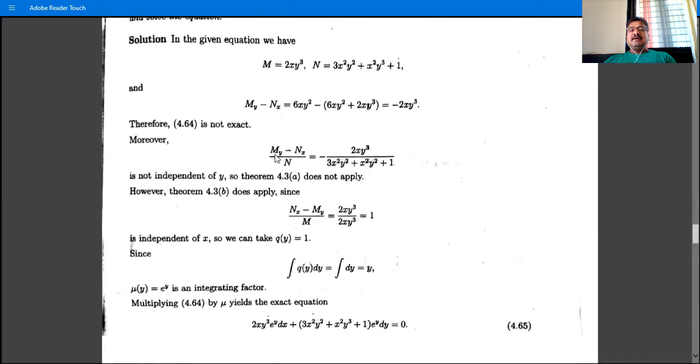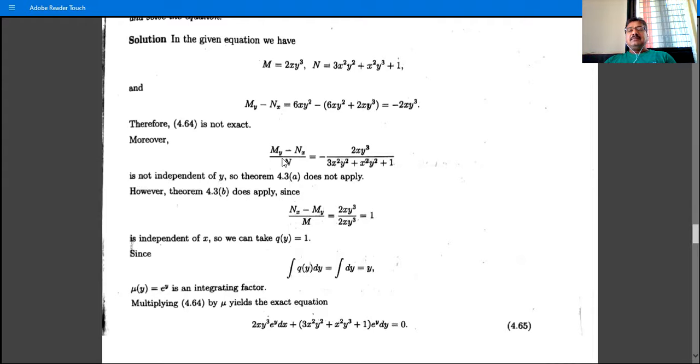Here, if you find M_y minus N_x, and divide by N, then we have this answer. This is not a function of x alone; it is not independent of y. It is a function of mixed type, both x and y.